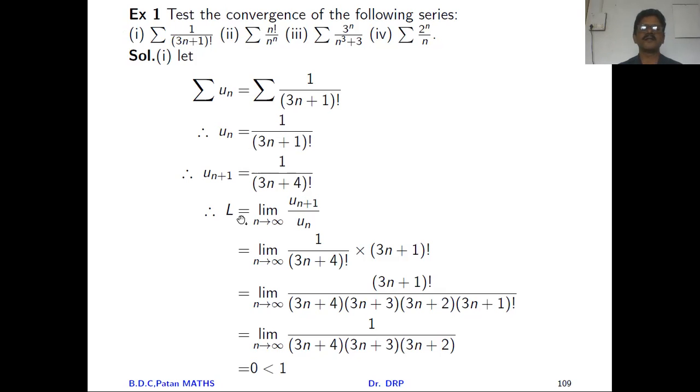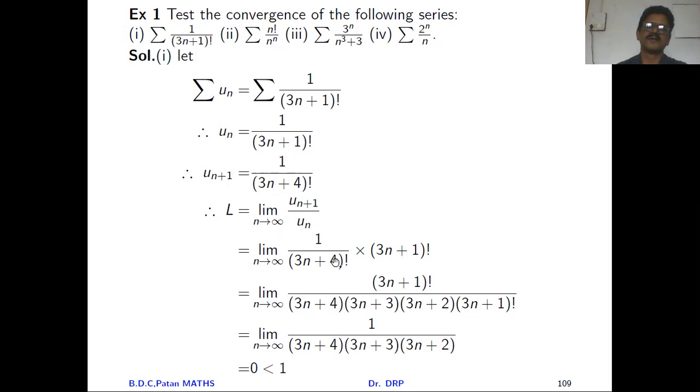Then determine the limit L, which is the limit of un plus 1 upon un as n tends to infinity. Here un plus 1 is 1 upon (3n plus 4) factorial, into 1 upon un, taking the reciprocal, which gives (3n plus 1) factorial.